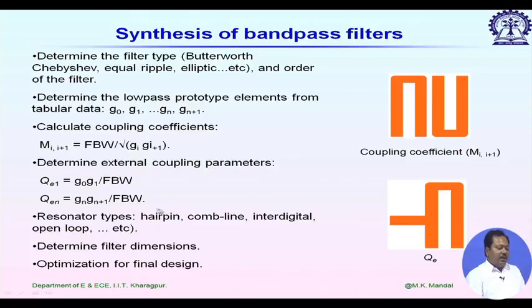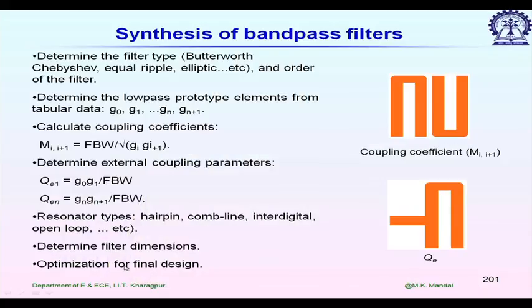They can be of different shapes, and the implementation can be in microstrip line, image guide, rectangular waveguide, anything. Depending on power handling capacity and loss requirement, we have to choose the proper implementation scheme.